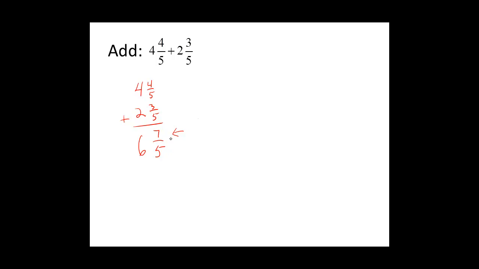This fraction part is actually an improper fraction, and therefore there's a whole number that is inside this fraction. So let's take this over here and take out that whole number by changing this part into a mixed number. 5 goes into 7 one time, with 2 left over.